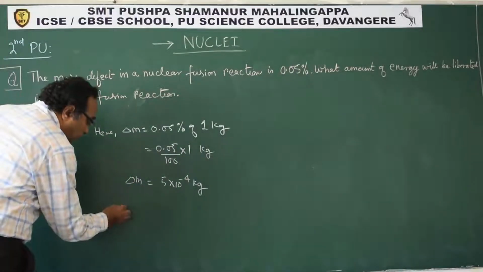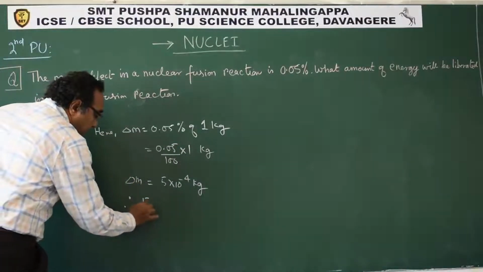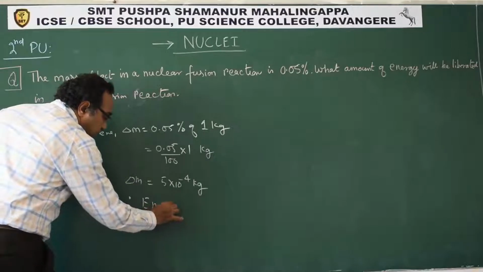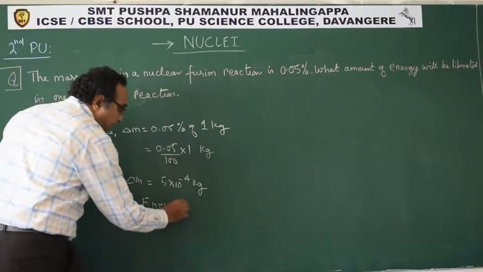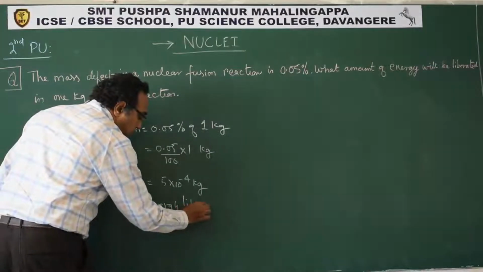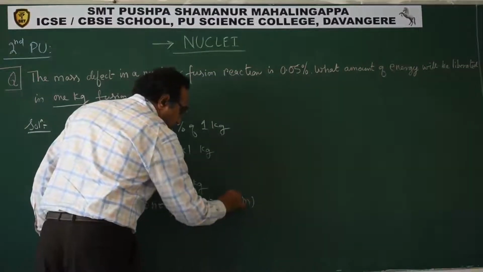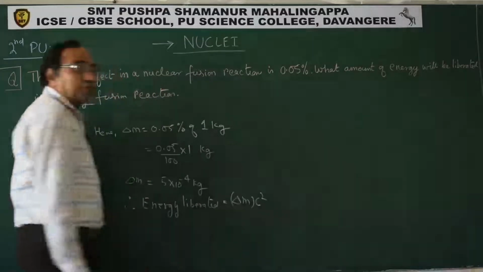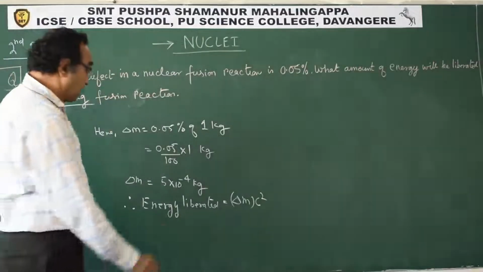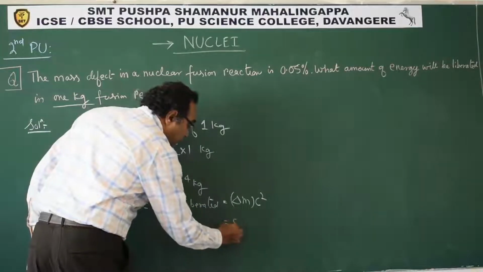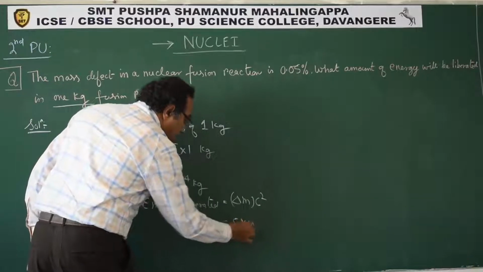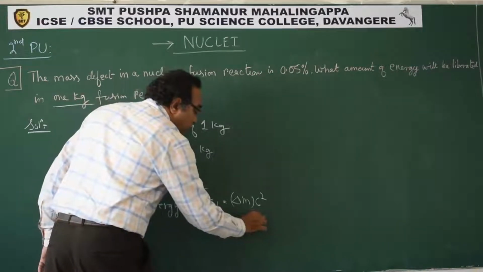So therefore energy liberated is delta M into C square. We will use this equation. And delta M is how much? 5 into 10 power minus 4.